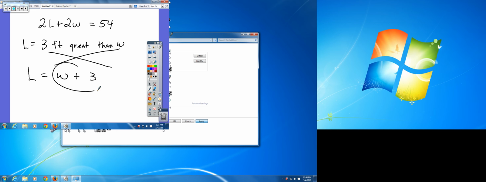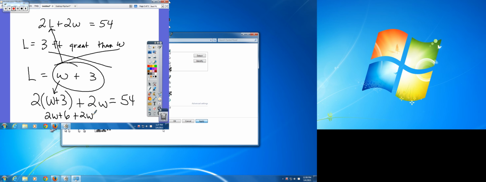And that W plus 3 is going to go where? Right there. So 2 parentheses plus 2W is equal to 54. And that W plus 3 goes in right there. 2W plus 6 plus 2W is equal to 54.